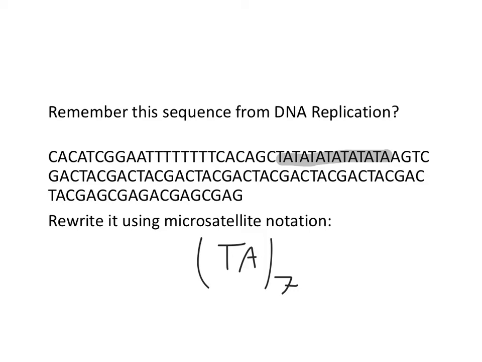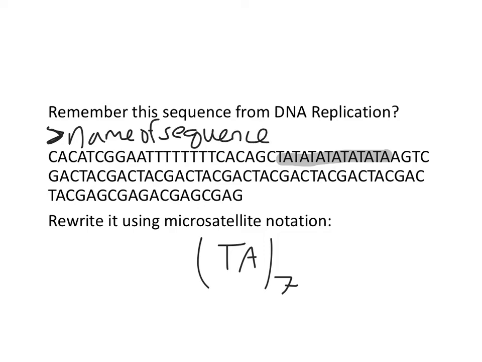Since we're talking about formatting, does anybody remember how to write a FASTA DNA sequence? If we were going to turn this into a FASTA formatted sequence, what would we have to do? Put a greater than sign first, and then some sort of descriptive name, which is totally up to you.